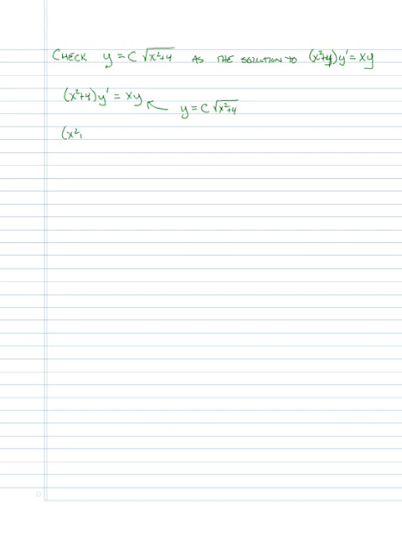We have x squared plus 4 times y prime equal x times c times the square root of x squared plus 4. Now we need to concern ourselves with replacing the y prime. From the fact that y is c times the square root of x squared plus 4, to find y prime, we need to take the derivative.